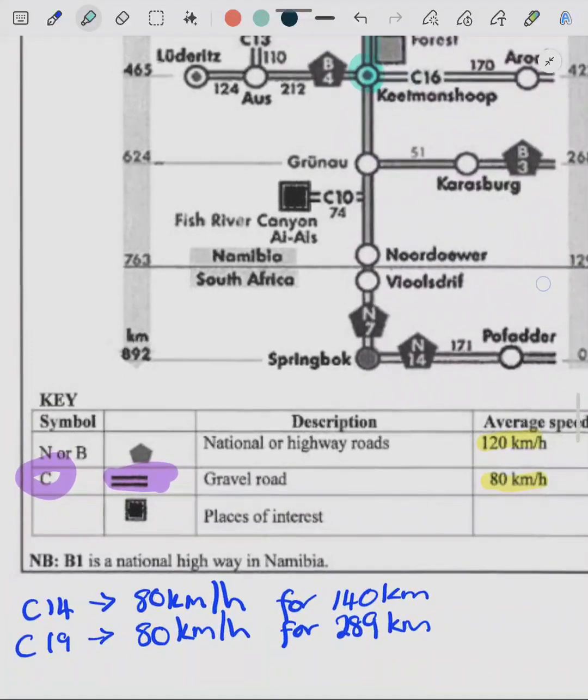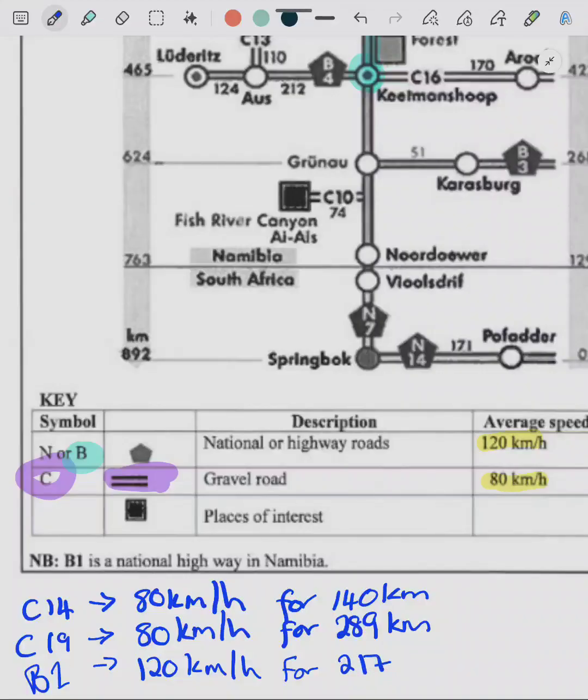It's a B road. So if I look down here at our B roads, it was 120 kilometers an hour. So this was on the B1 road. That's 120 kilometers an hour. And she traveled on that for 217 kilometers. We got that from the last question, right?